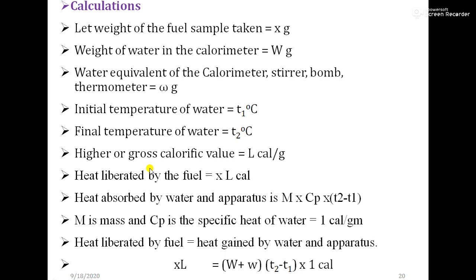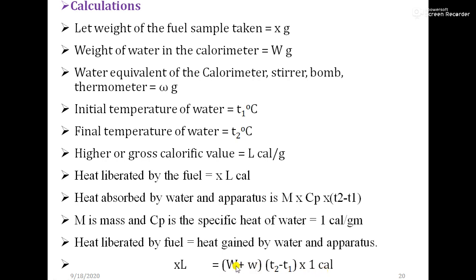So you can see here, the heat liberated by fuel is equal to the heat gained by water and apparatus. So heat liberated by fuel is XL, and heat gained by the water and apparatus is (W plus omega) into (T2 minus T1) into 1 calorie per gram.